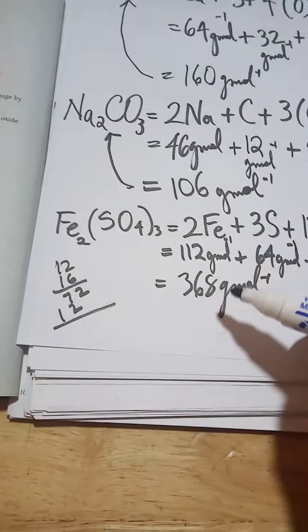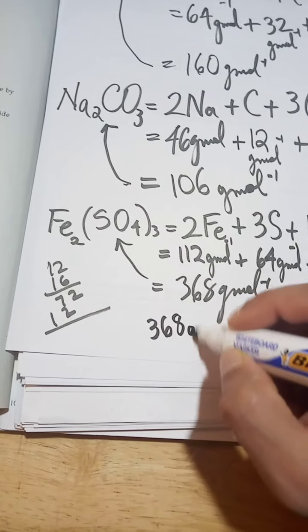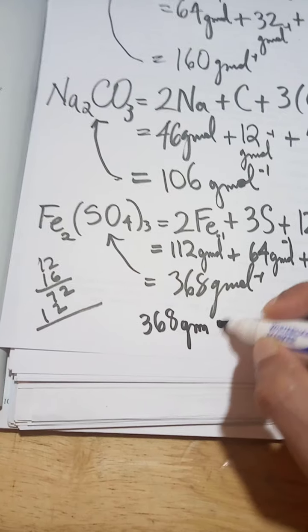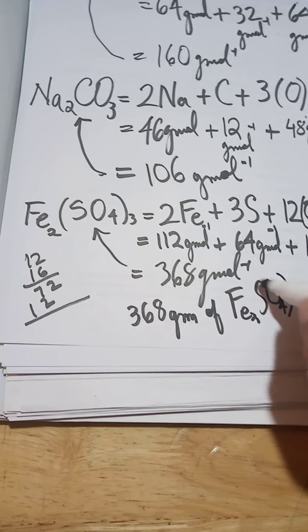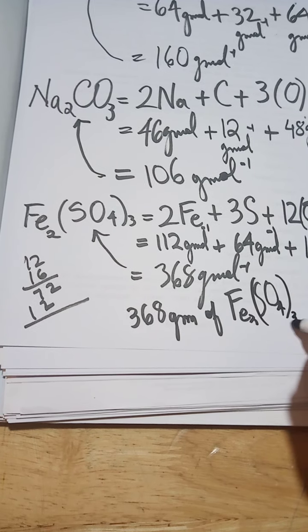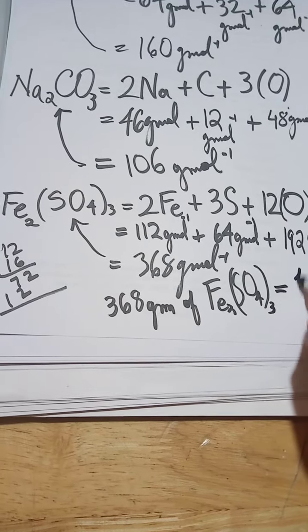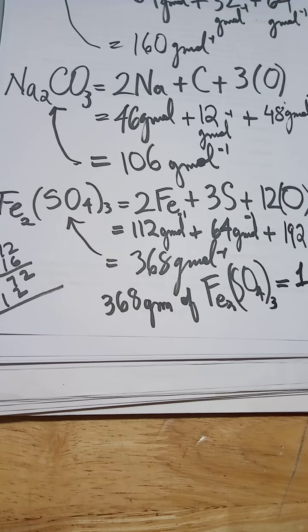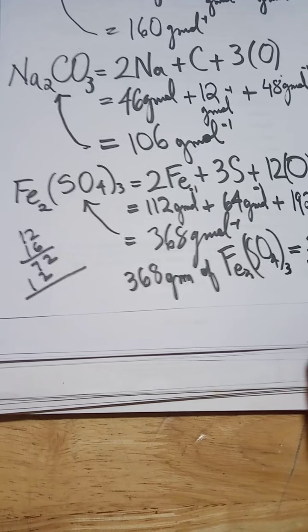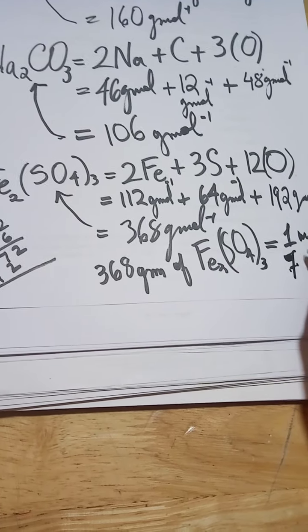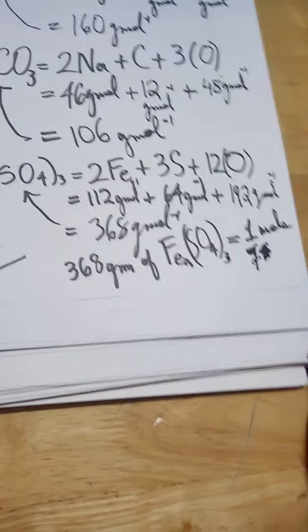And so that's that. 368 grams of iron 3 sulfate, whole thrice, would be 1 mole of this compound. So that's how things are.